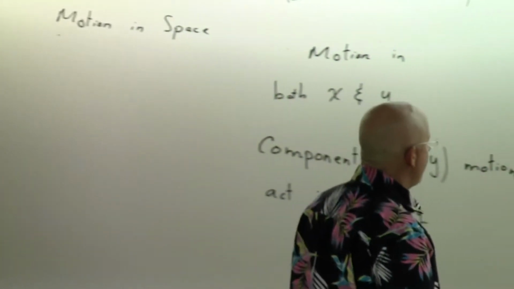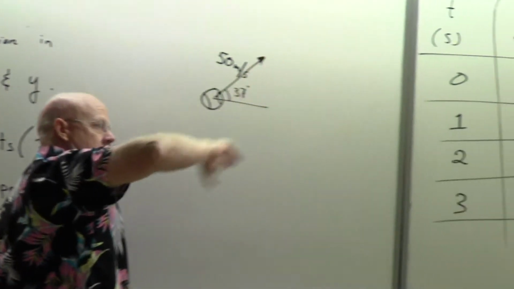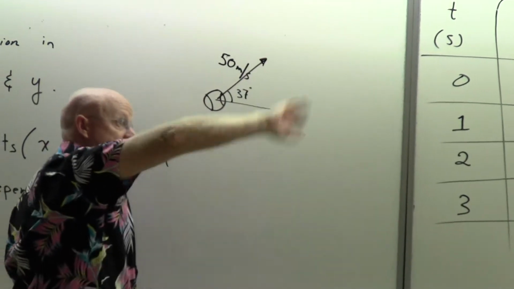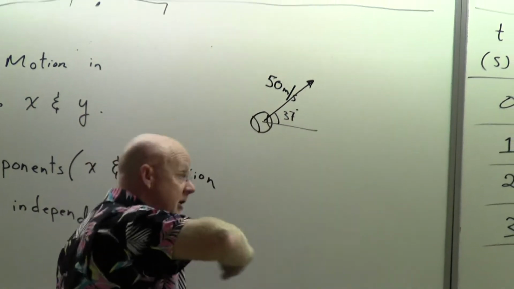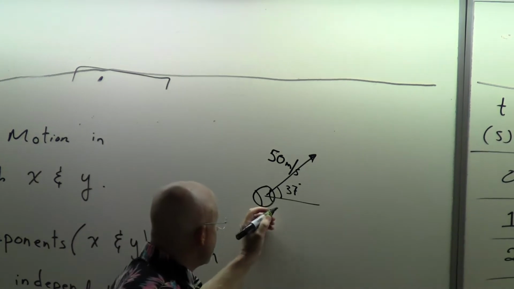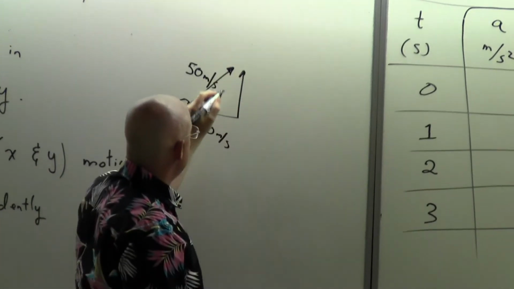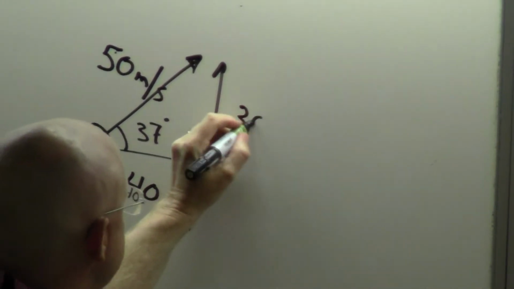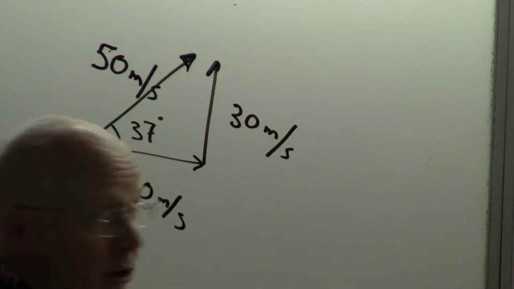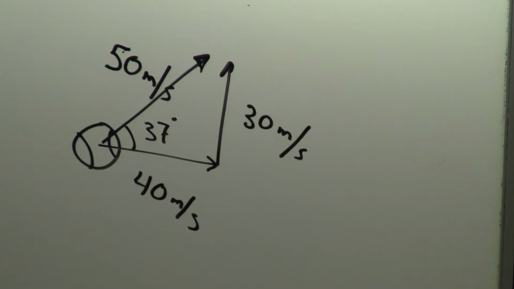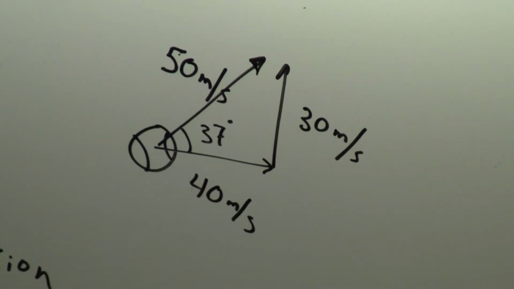So if I were to throw the ball up at an angle like this of 37 degrees, but give it a speed of 50 meters per second, that means it can be thought of having a horizontal speed of 40 and a vertical speed of 30. And so there's my 3, 4, 5 right triangle.